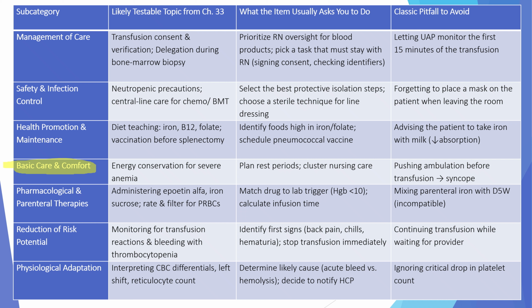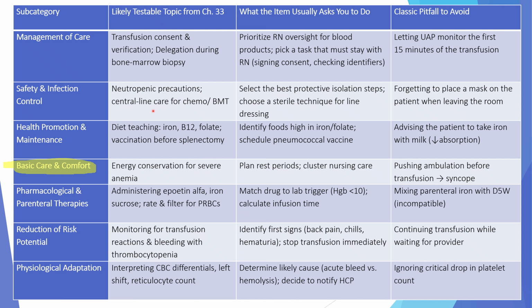I've seen that. So what it says: energy conservation for severe anemia, plan rest periods, cluster nursing care, and pushing ambulation before transfusion risks syncope. Safety and infection, NCLEX loves these questions.